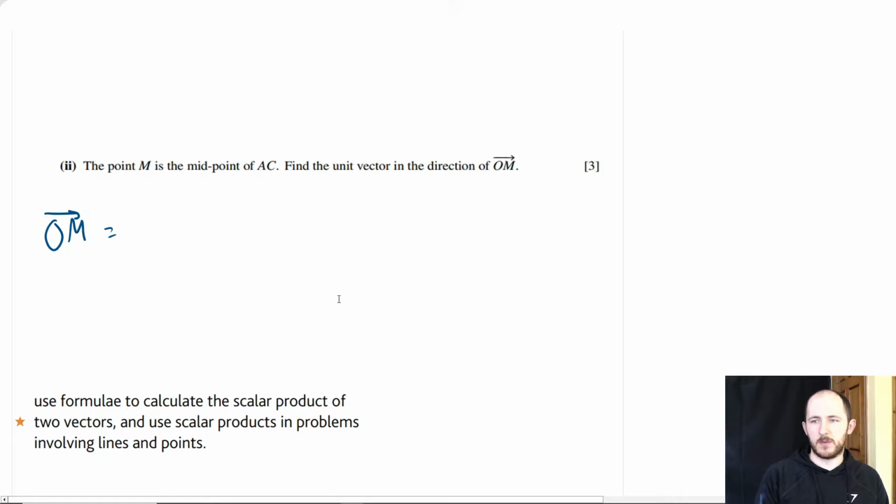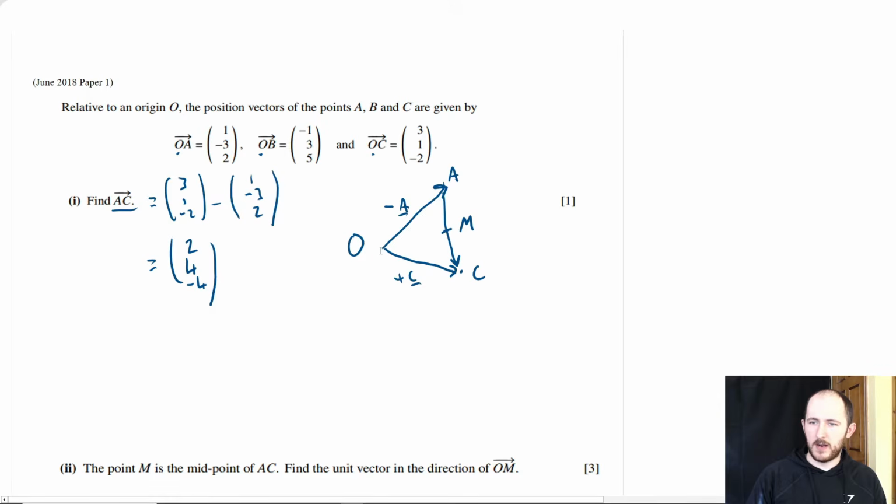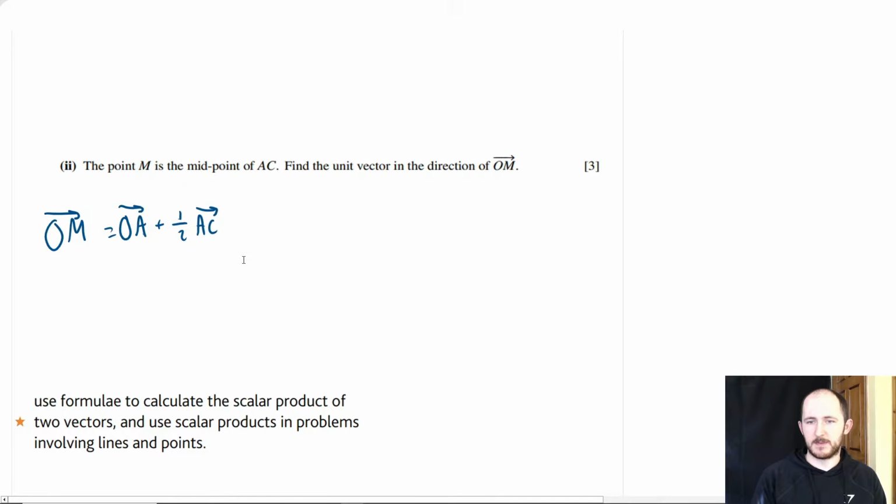So OA plus half AC. We're going from O all the way up to A, so it's positive, and then we go along AC, and we know what half of AC is, but let's work this out now.